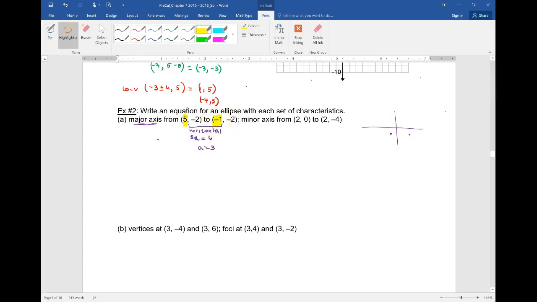Now, the minor axis is from 2, 0 to 2, negative 4. So what's changing there? The 0 and the negative 4.